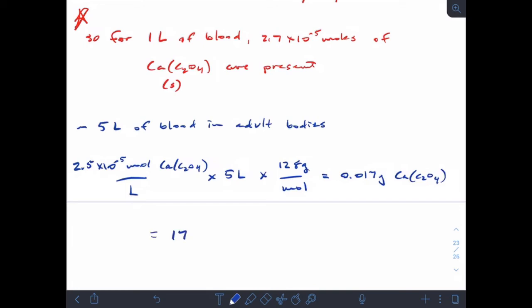So about 17 milligrams of crystals in my body.